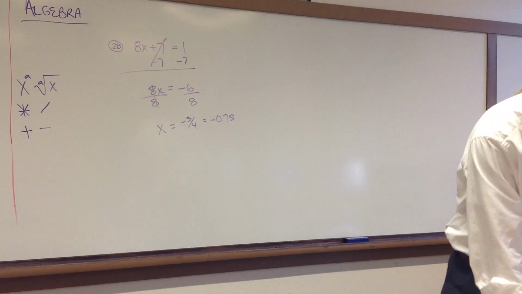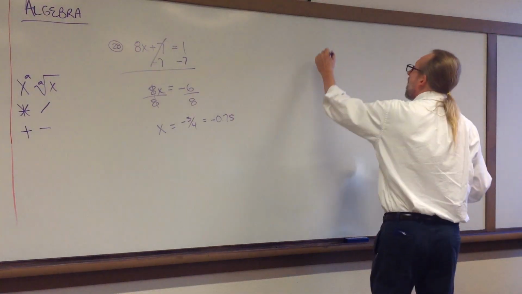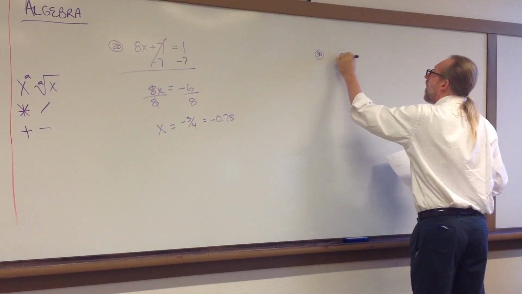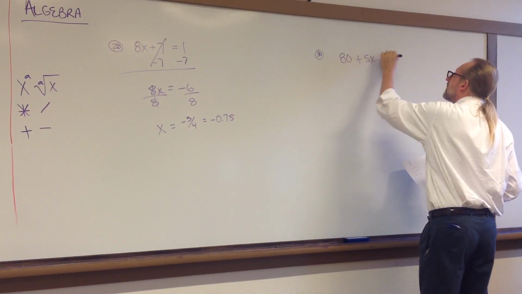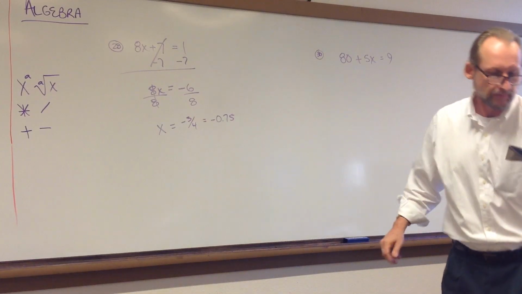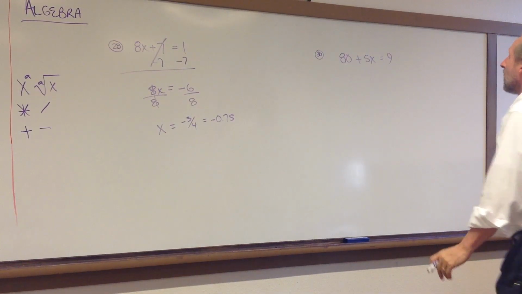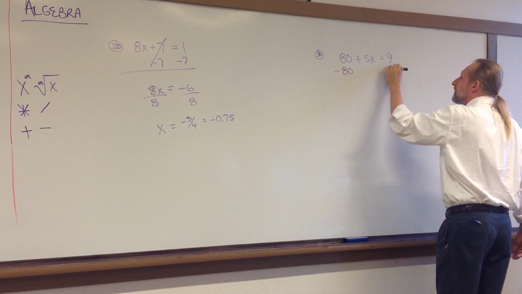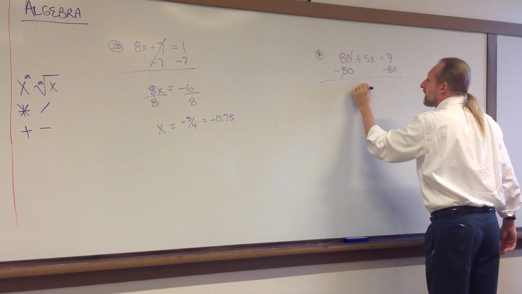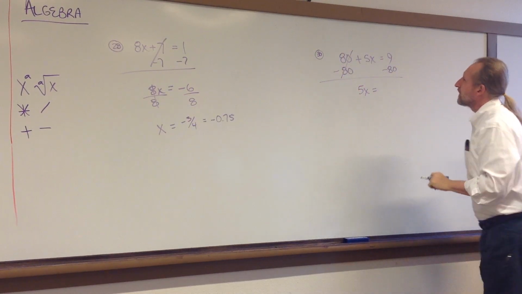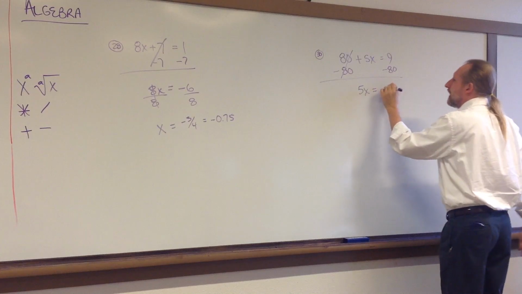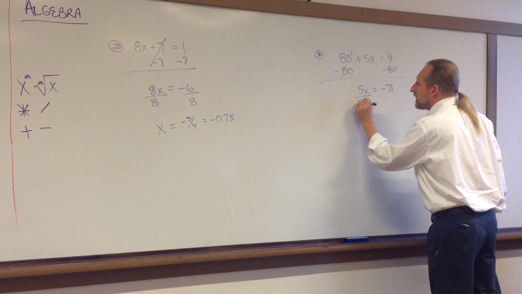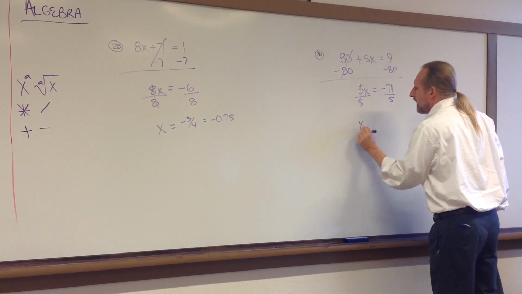Okay, what else? One more here, problem 30. What do we start with? 80 plus 5x equal to 9. So, we want to clear out this 80, cancel it out by subtracting 80 on both sides. That'll leave us with 5x here. Over on this side, 9 minus 80, that should give us negative 71. And then we'll divide on both sides by 5. And let's see.